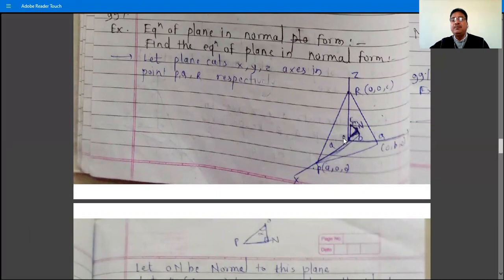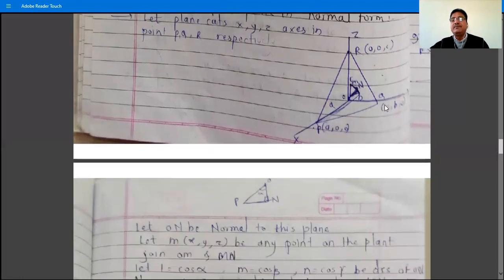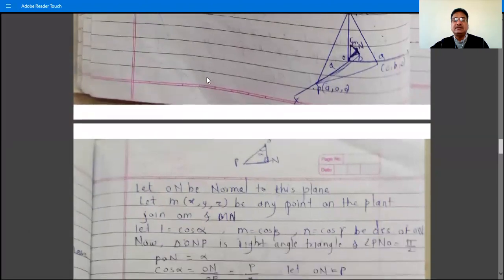Therefore OP is a, OQ is b, OR is c, and the coordinates of point P are (a, 0, 0), of point Q are (0, b, 0), and of R are (0, 0, c). So write that sentence.